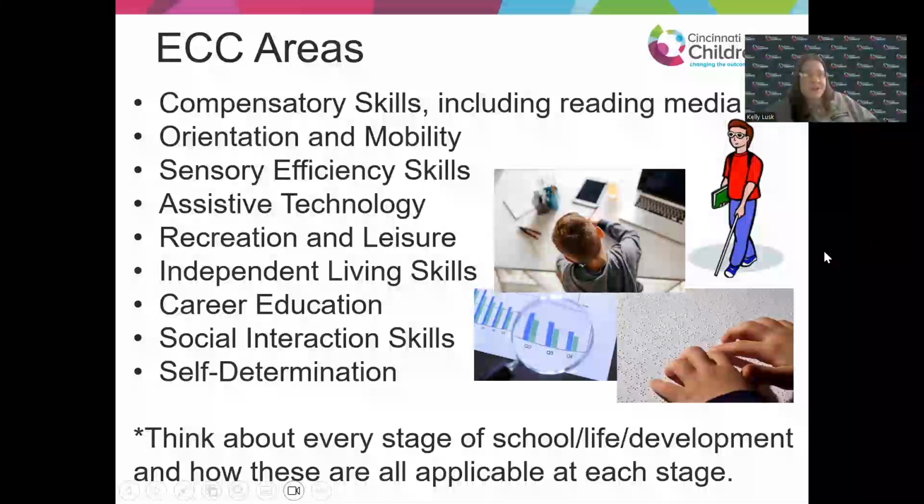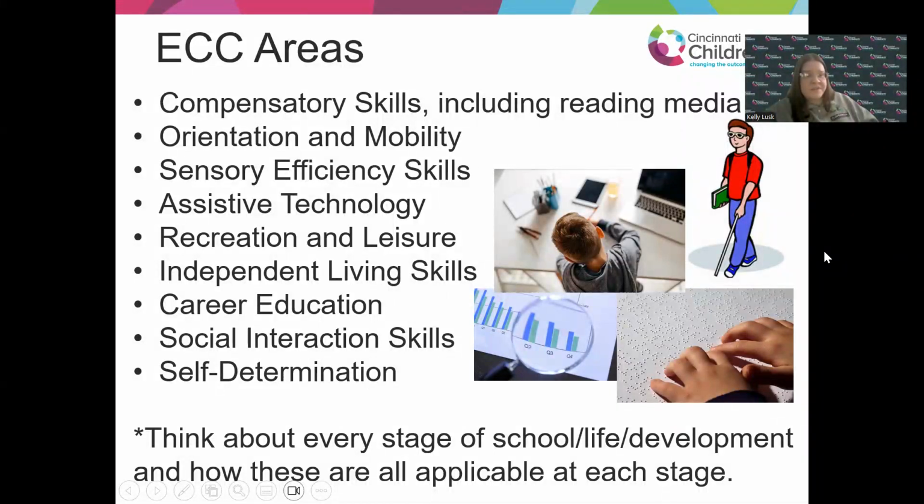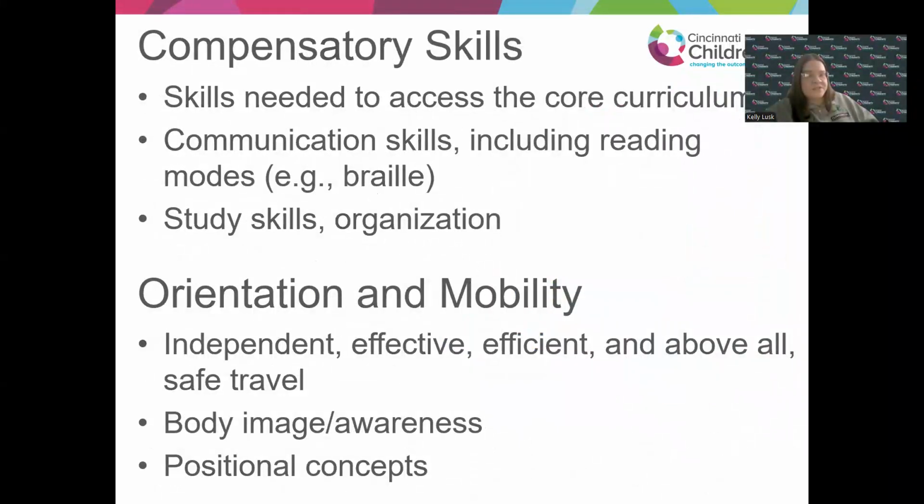So I'm going to talk about each one of these a little bit more in depth. And what I want you to think about while we're doing that is think about every stage of school and life development. So from preschool on to high school and even beyond, every single one of these is applicable at each of those times. So compensatory skills, that's to access the core curriculum, all of your communication skills, study skills, organization. So obviously, we're starting those even with pre-reading and pre-math and all of those types of things.